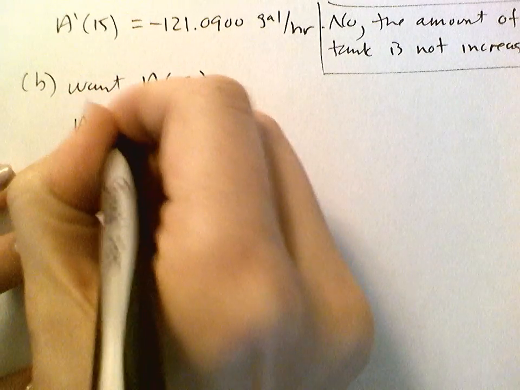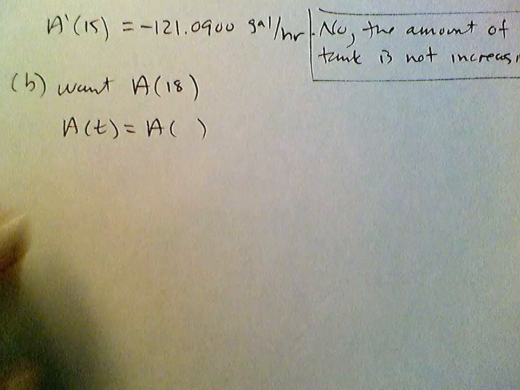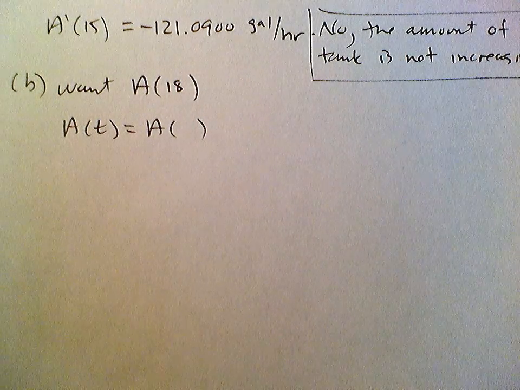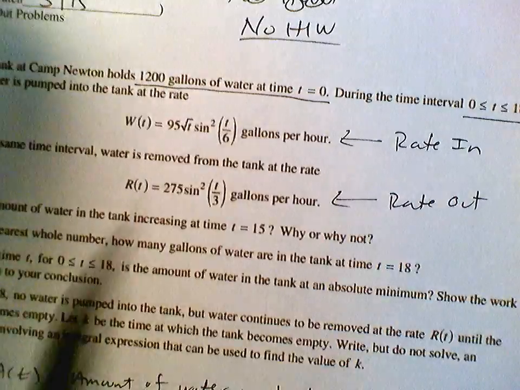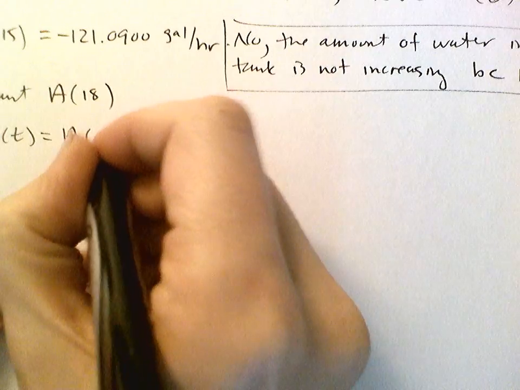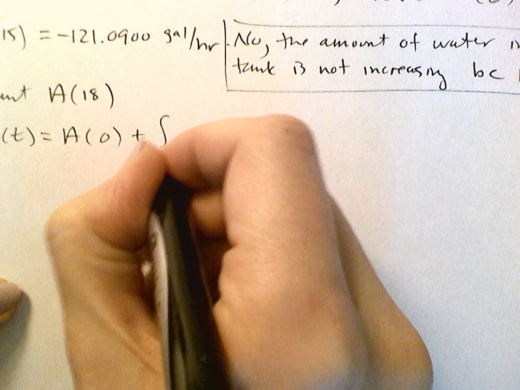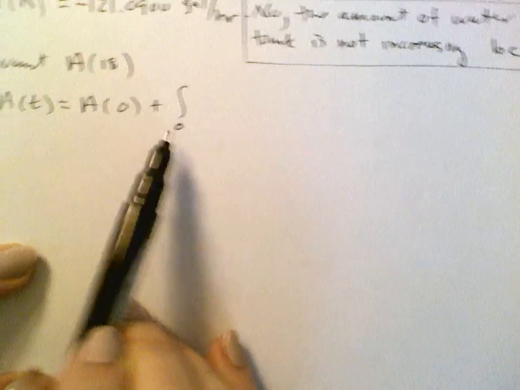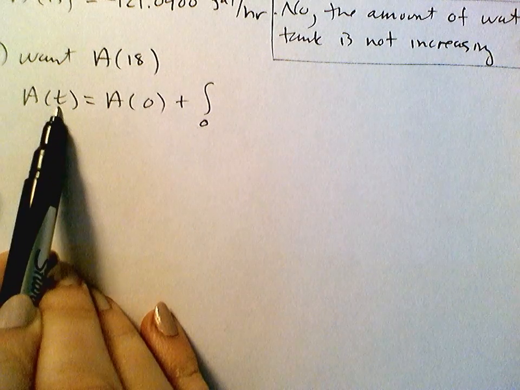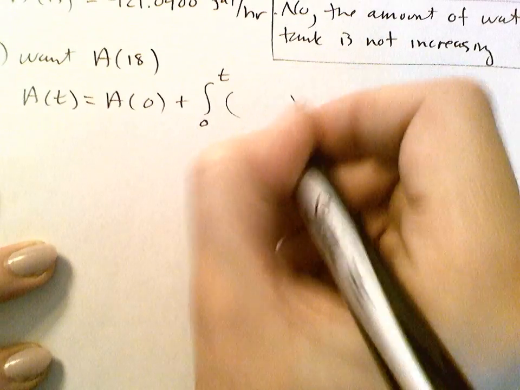So A of t is going to be equal to A of, I need to know A of something. And right up here, at the very beginning, they gave us A of 0. So this is the amount of water in the tank at time 0. So A of 0, I'm just using this formula, plus the integral from 0, so whatever this input is goes there. 0 to the input into this function goes in the top limit of integration.